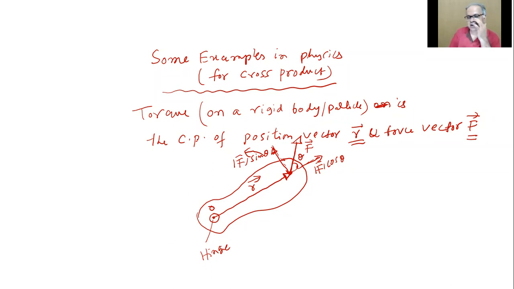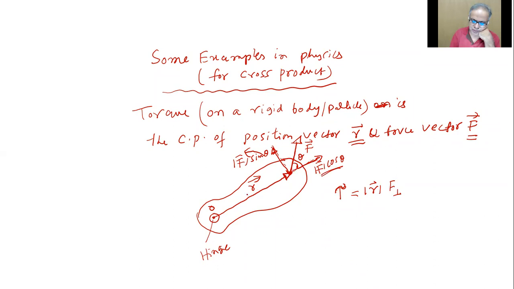So that rotating effect is characterized by a term called torque. That is tau, we can call it T in Greek. Tau equals mod r into F perpendicular. This is F parallel.